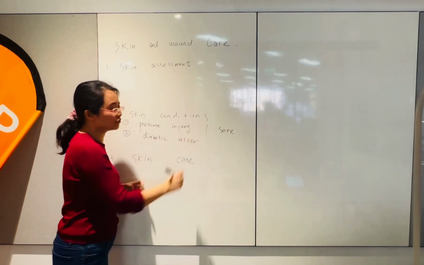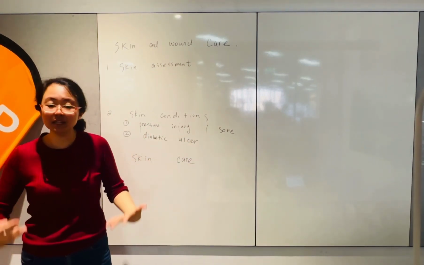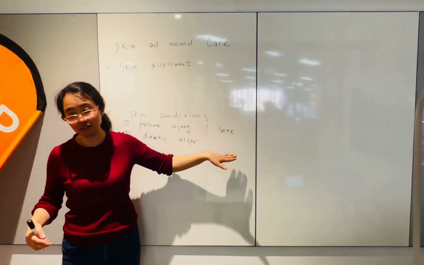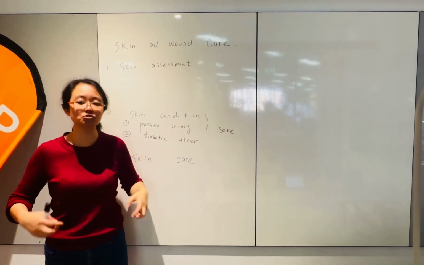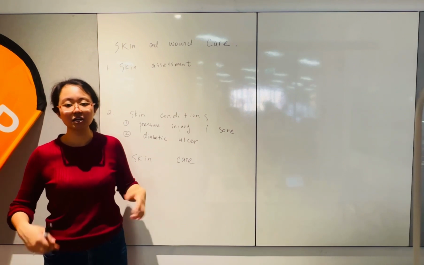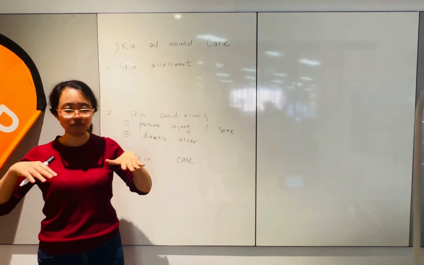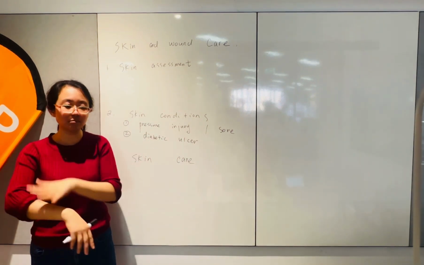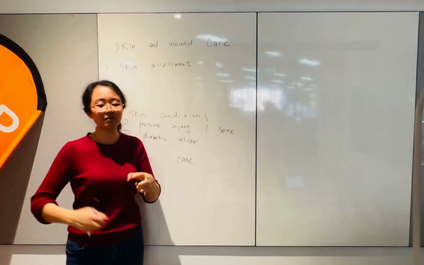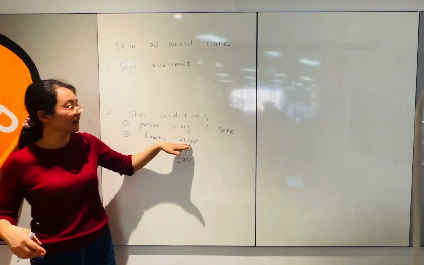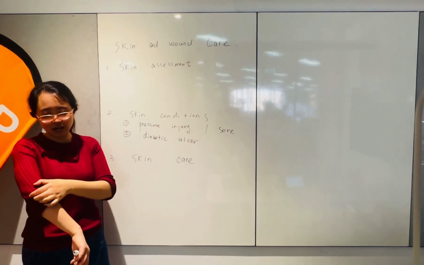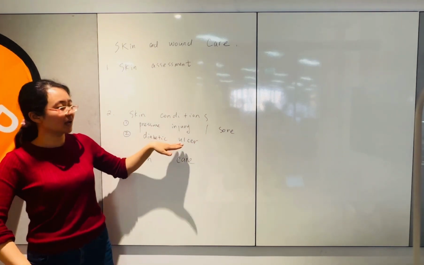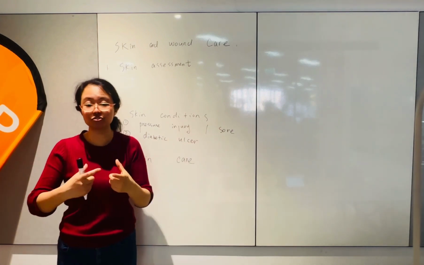For those patients who have diabetes, if the patient has diabetes, that means they don't have enough insulin to balance the sugar level in the blood. So they have a higher sugar level in their blood, and a higher blood sugar level can damage the skin. So patients with diabetes have a high chance of getting ulcers.